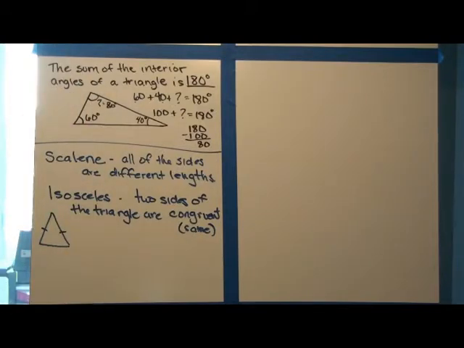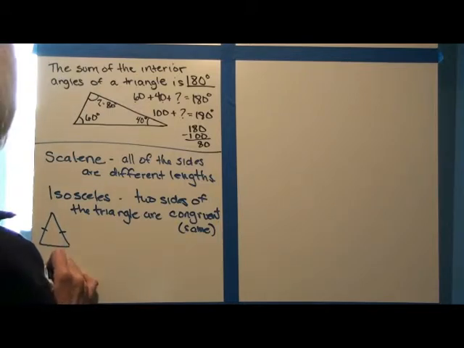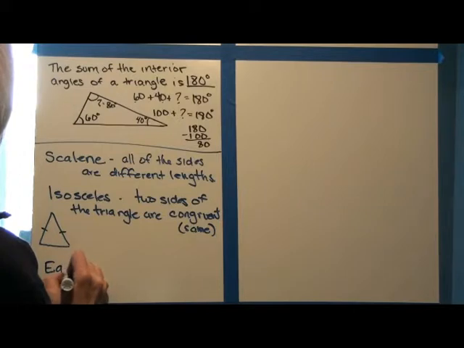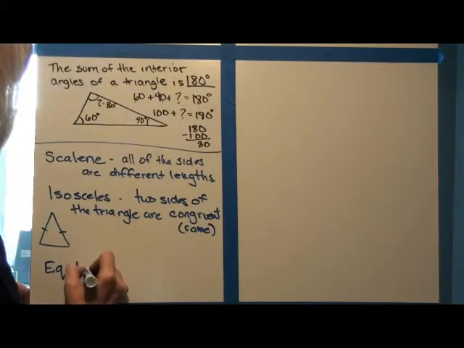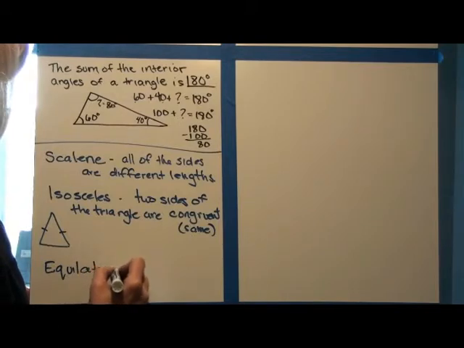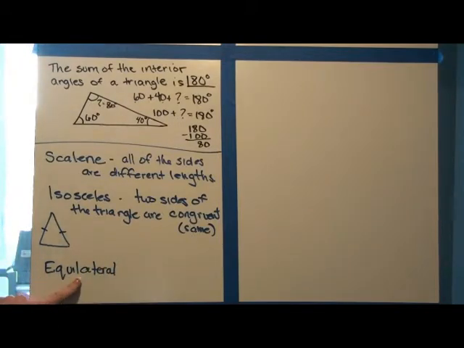Then the last way that you can label a triangle by its sides is what we call an equal, there's your hint, equilateral triangle. Equal being equal, lateral meaning sides.